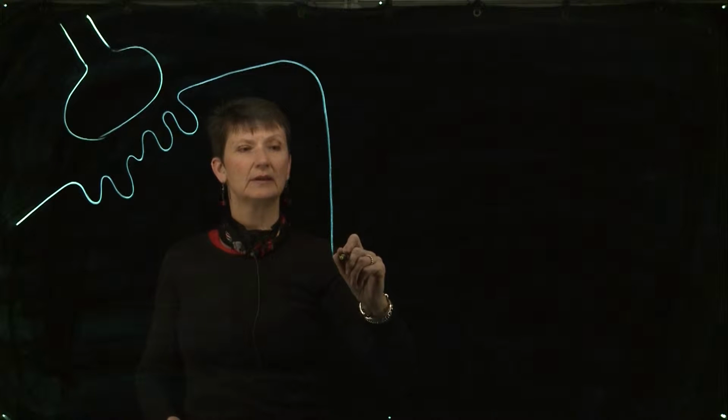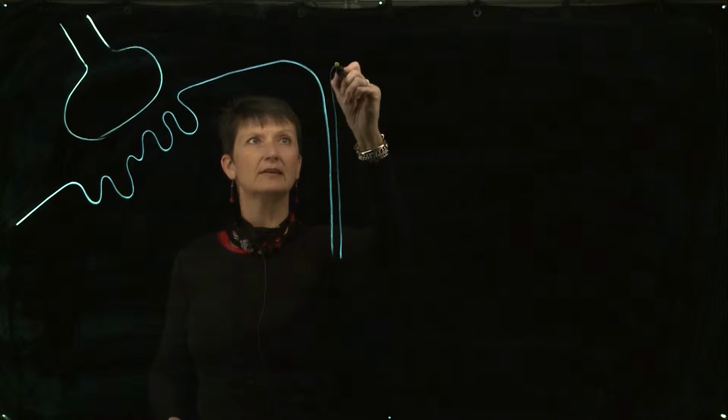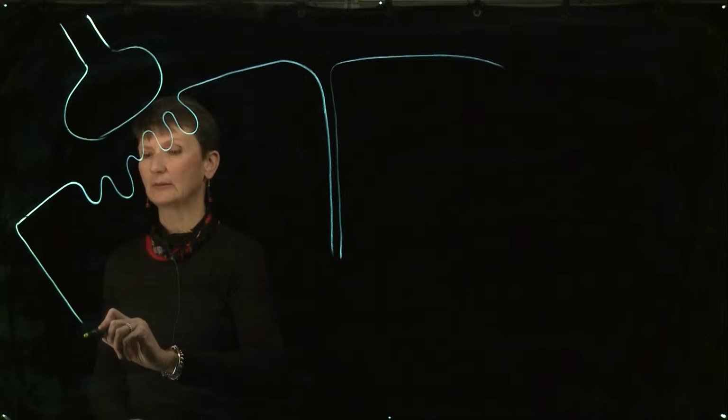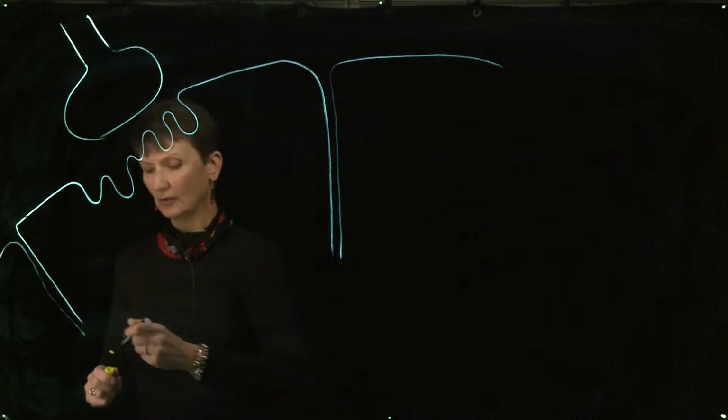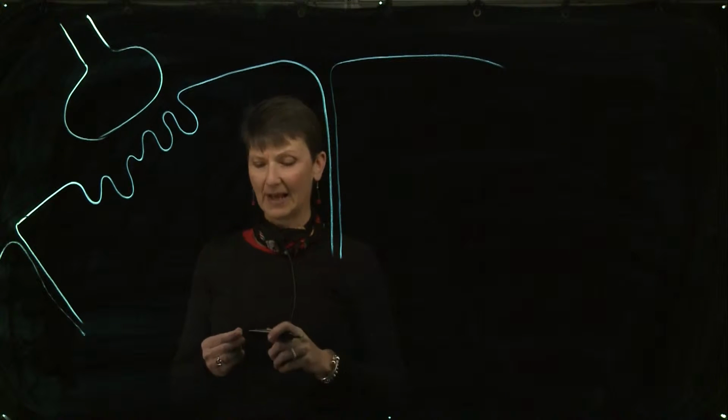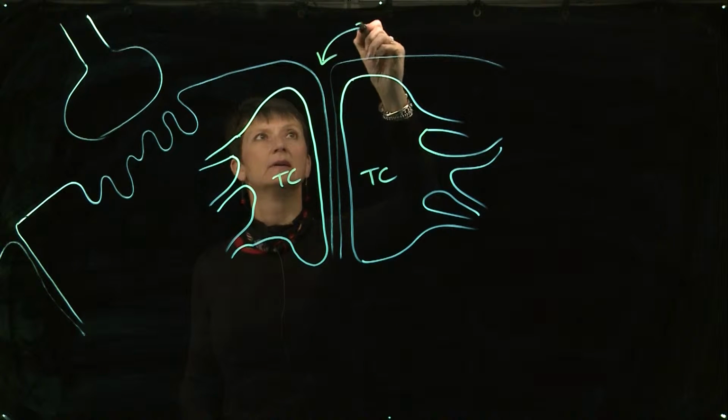And so here I'm drawing the sarcolemma, and notice that nearby that axonal terminal, it is very convoluted. This right here illustrates a T-tubule, and perhaps there is another T-tubule over here.